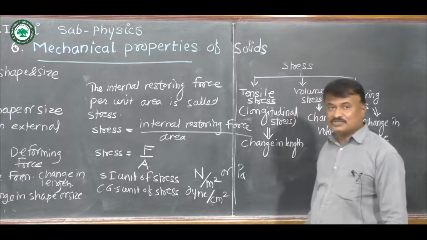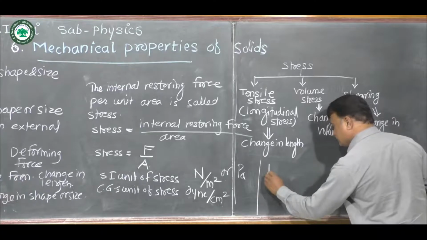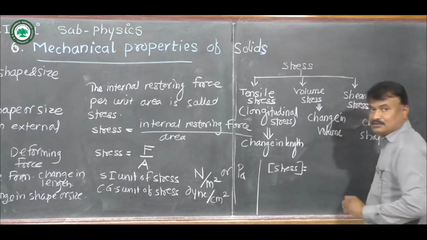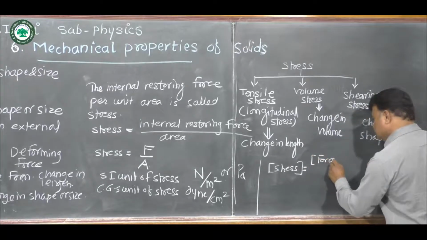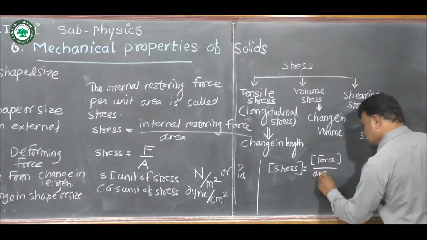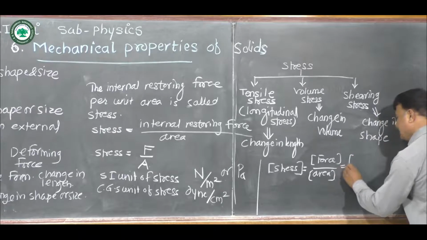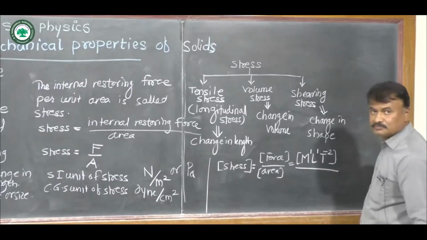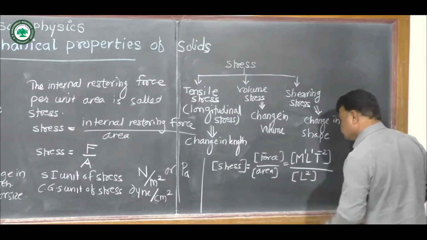Now dimensions of stress. For finding the dimensions of stress, we know the formula: stress is equal to force upon area. So dimensions of force are M raised to plus 1, L raised to plus 1, T raised to minus 2. And dimensions of area are only L raised to 2.